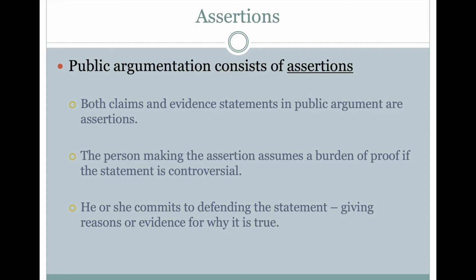And there, when we begin to look at how argument works, we're looking at not just statements and the relationship of statements, but people making assertions. They're advancing these statements publicly, showing that they believe them and that they want other people to believe them as well. So both claims and evidence statements in public argument are assertions.